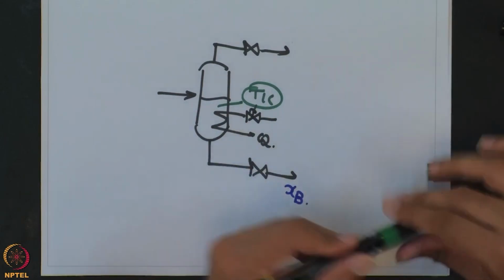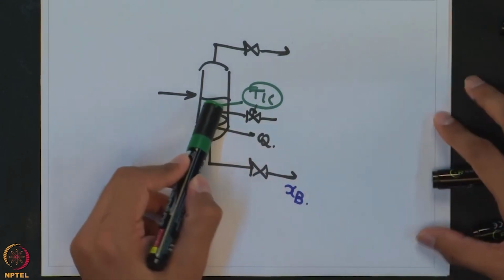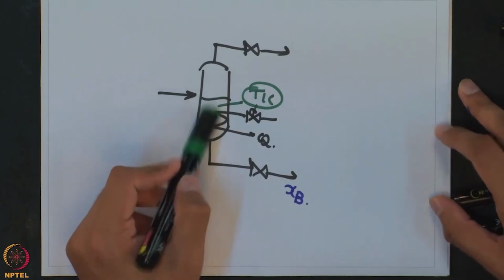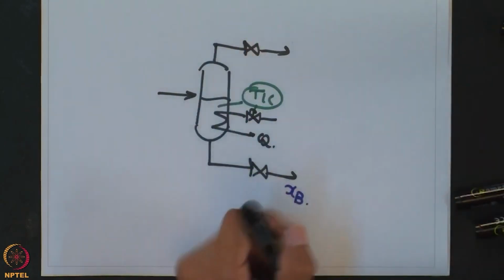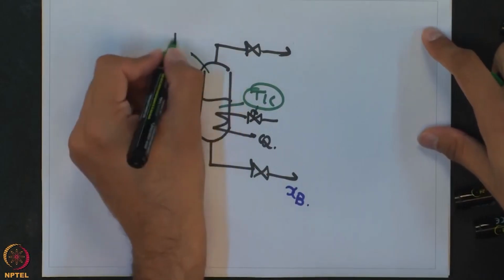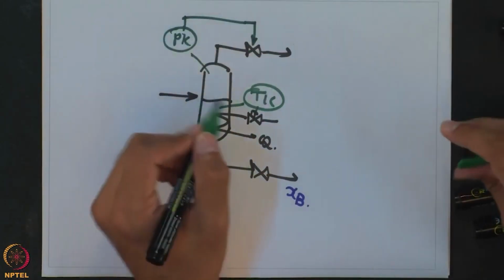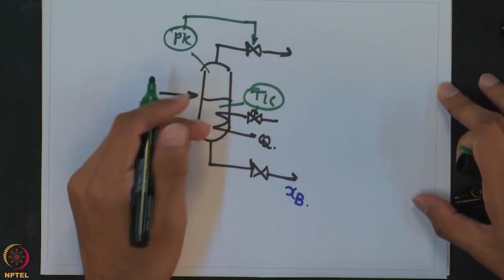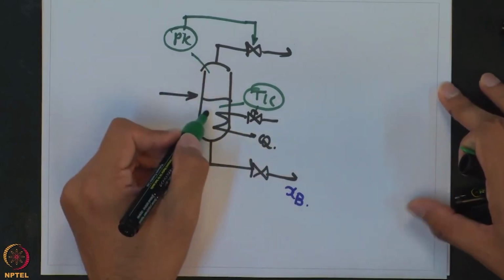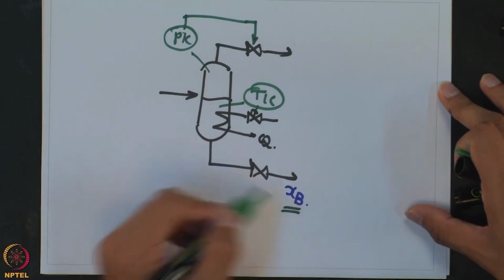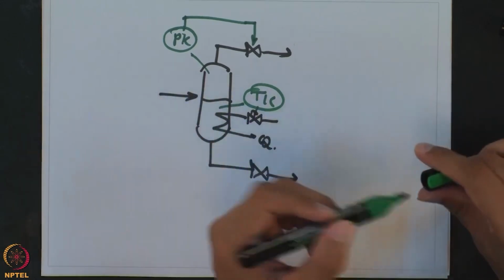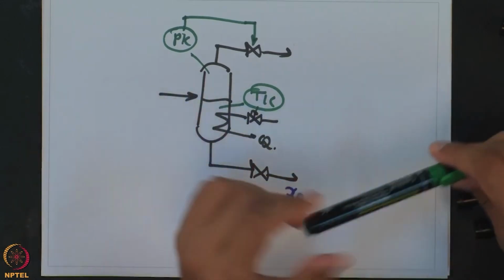With the assumption that, because of the vapor liquid equilibrium and having ensured that there is also a pressure controller maintaining a particular pressure, if I maintain that particular temperature, I can ensure that the corresponding composition is also maintained. This is how indirectly we will control composition.